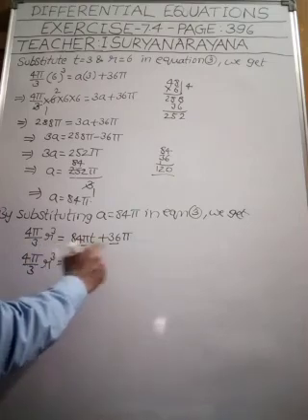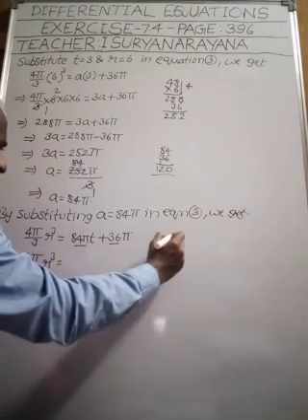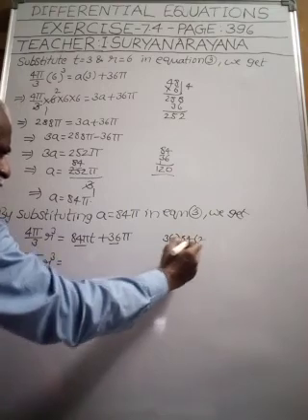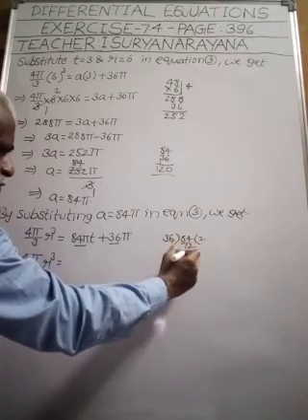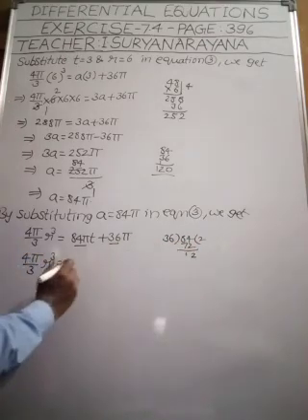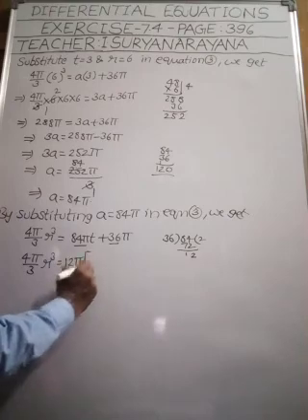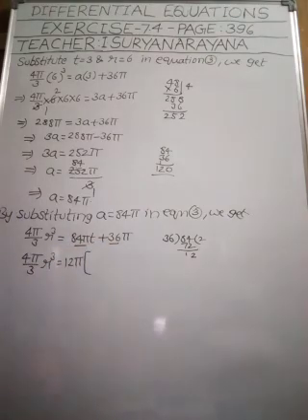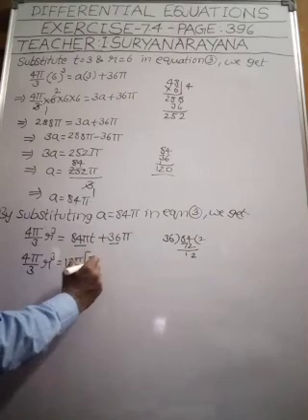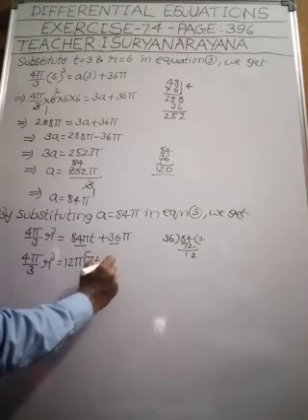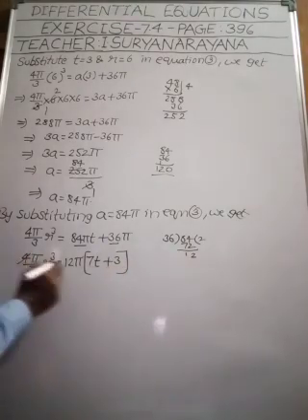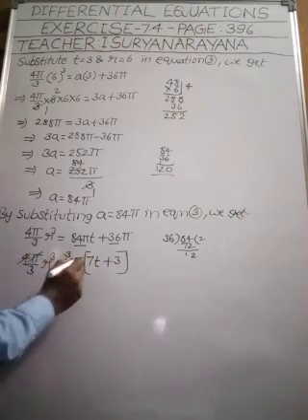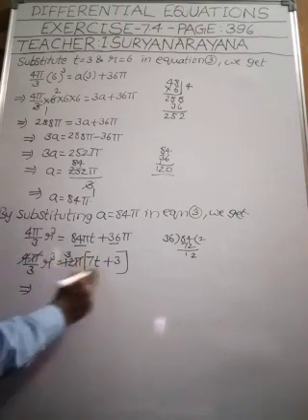What is the HCF of these two numbers, 84 and 36? It is 12, so let us take 12π common from these two terms: 12π(7t plus 3). Understood this one? Here 4 one times is 4, 4 three times is 12, and π gets cancelled. Understood this step?